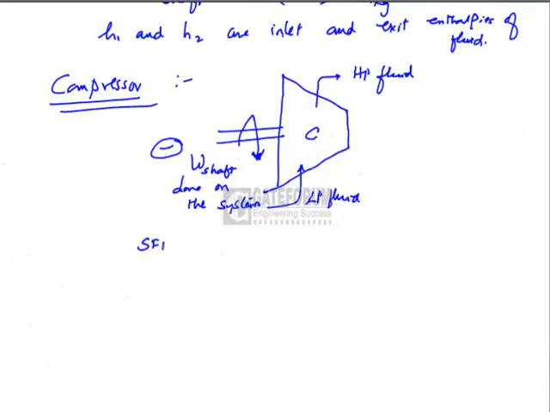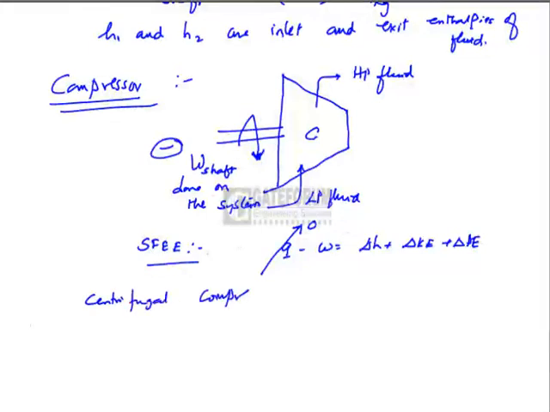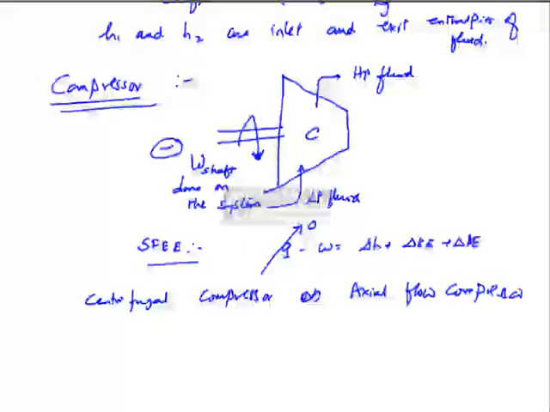Writing the SFEE or steady flow energy equation to the compressor, that is Q minus W is equal to delta H plus delta KE plus delta PE. Compressor, in particular rotary compressor like centrifugal compressor or axial flow compressor, is an adiabatic device.